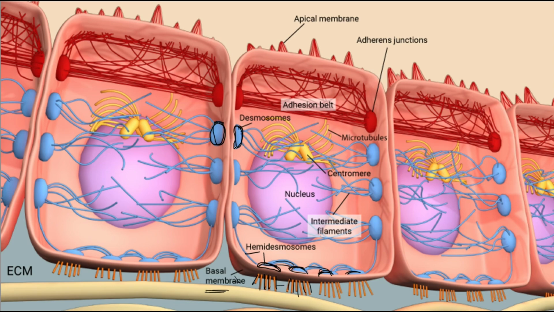Now the desmosome is a tight cell junction present between two adjacent cells, right? And here is the adhesion belt, or you can say adherens junction, also called zonula adherens, right?